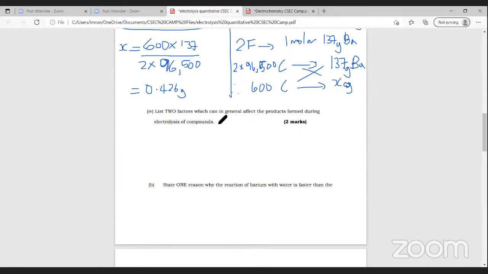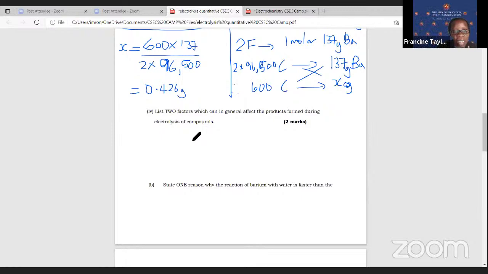List 2 factors which can, in general, affect the products formed during electrolysis of compounds. There are 3 factors that we did, so you can tell me 2.